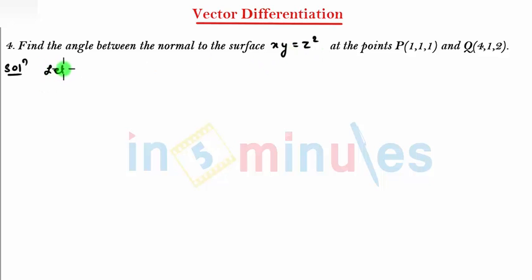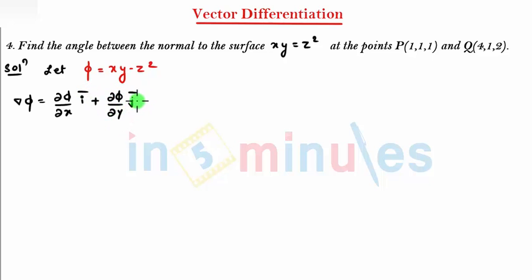So I consider this as phi equal to xy minus z². That's my scalar point function. For the normal, I need to first find del phi. So del phi is ∂phi/∂x i bar plus ∂phi/∂y j bar plus ∂phi/∂z k bar.